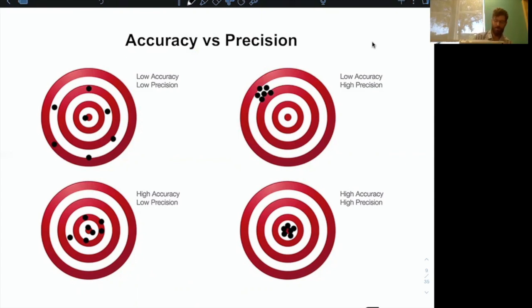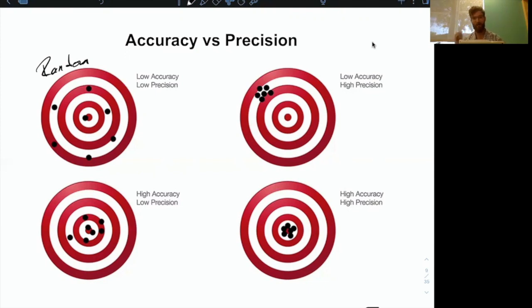Okay, so here we can see that we have low accuracy, low precision. This really does look like 100% pure random error. These darts are everywhere on the target.